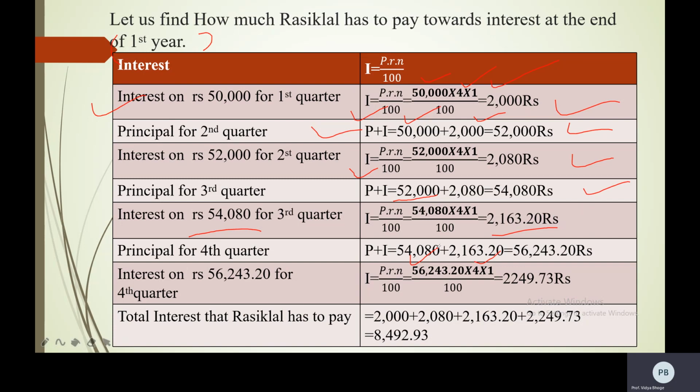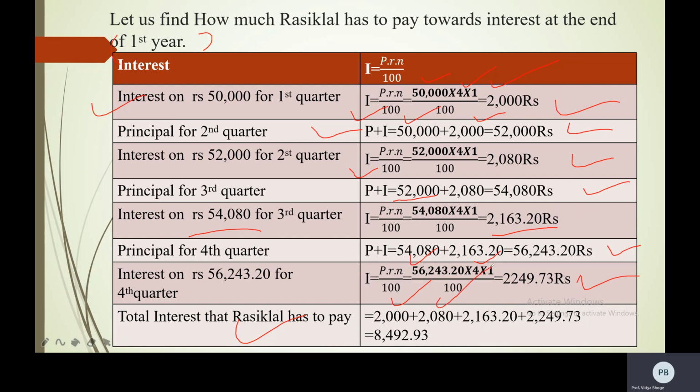By adding this, we get 56,243.20. Then Rasiklal has to pay interest on that principal amount for the fourth quarter, which is 2,249 rupees.